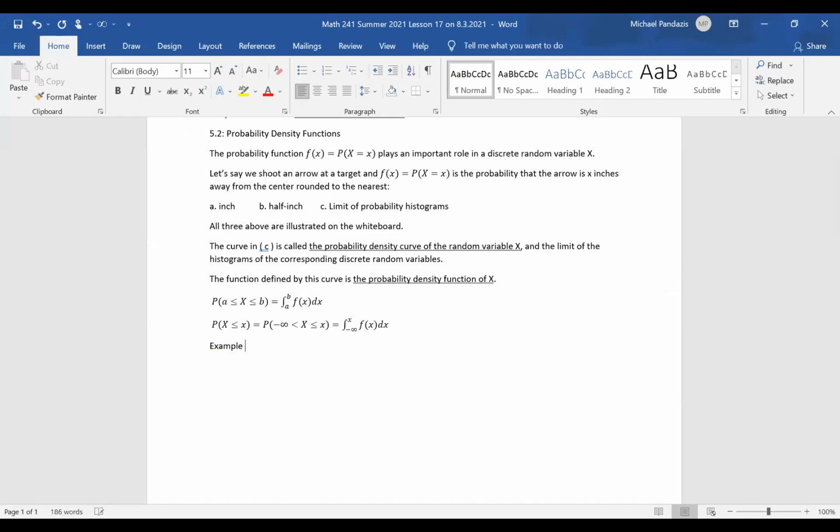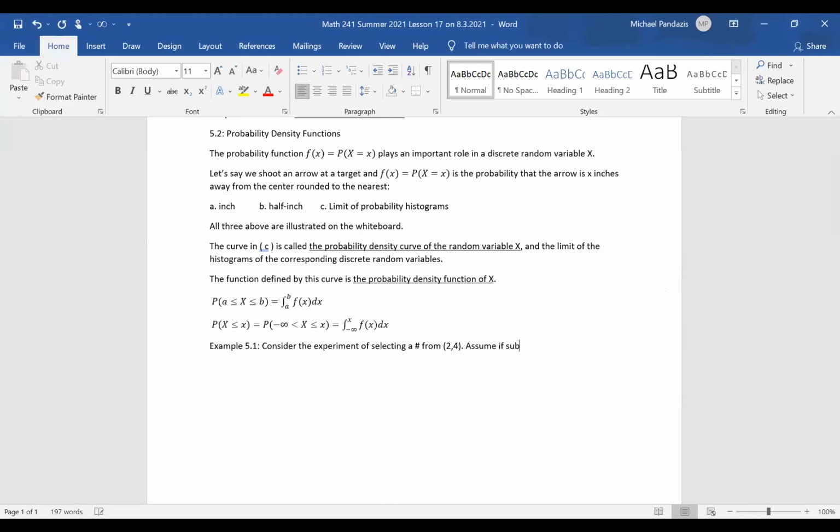Okay, so example 5.1. Consider the experiment of selecting a number from the open interval (2, 4). So it does not include 2 or 4.